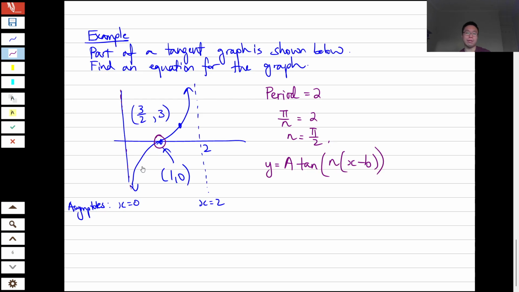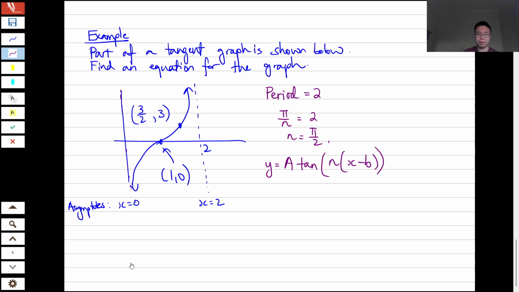However, if the x-intercept wasn't at 1, that is, it wasn't halfway between 0 and 2, then I would need to consider a vertical translation as well, which I could capture with this. But for now, this is all we need. Now, the question arises, how much do I need to shift it over?